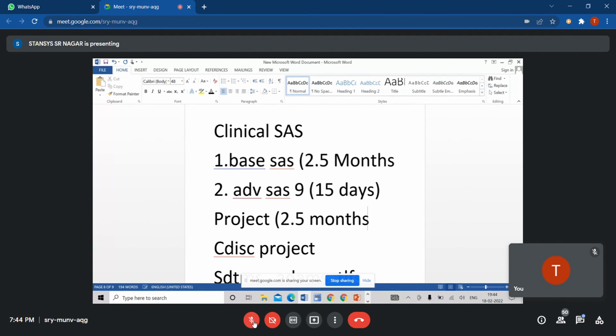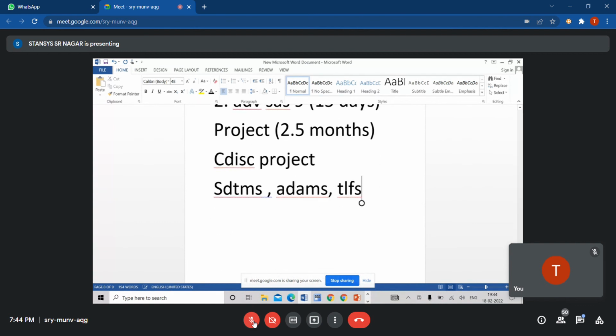So the complete course duration for clinical SAS is 5 to 6 months, and for this clinical SAS we charge 35K.